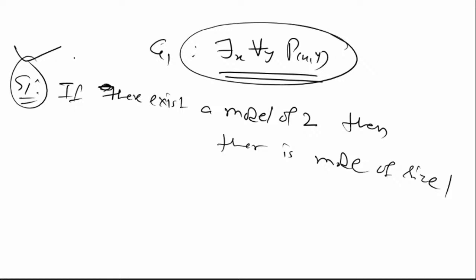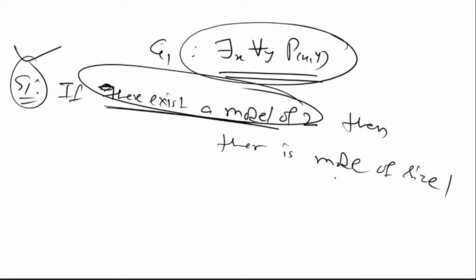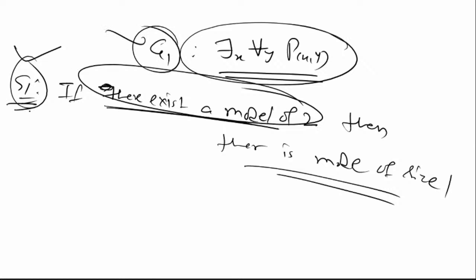Whatever you do, you try your best to make this statement S1 false, but you cannot make it false, because if there exists a model of size 2, then there will definitely exist a model of size 1. So that's why this statement S1 is true. So this is the point.